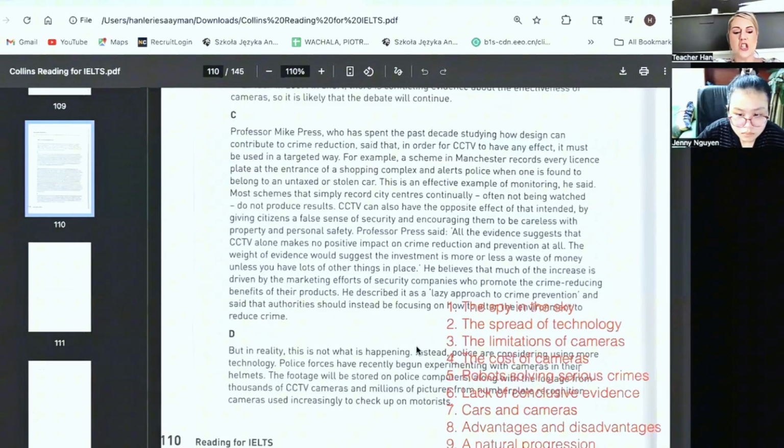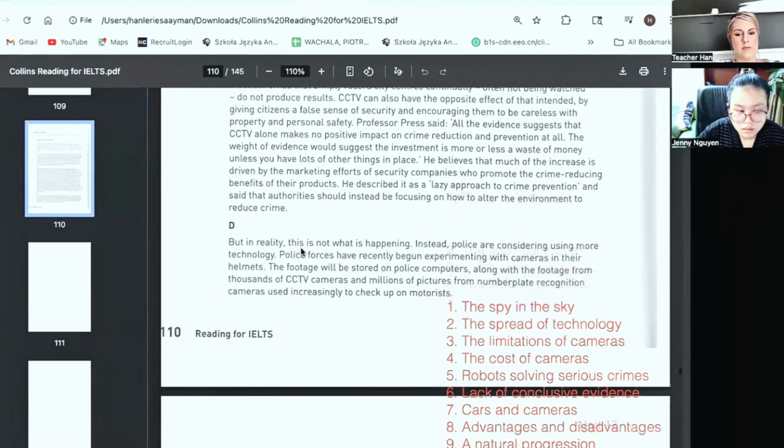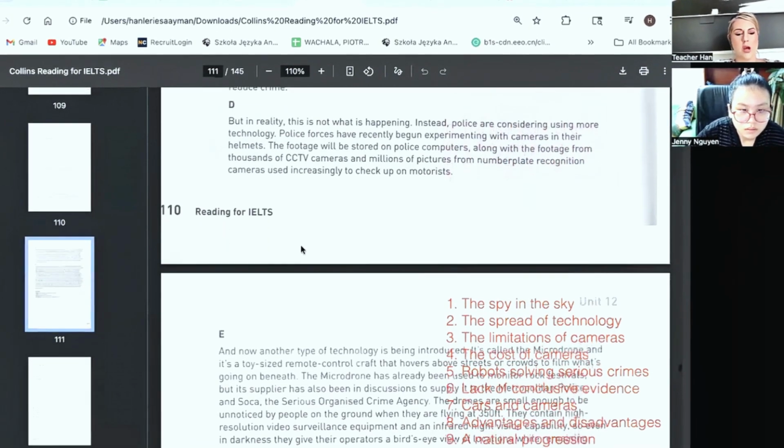The limitations of cameras, yes, because they are limited to doing only certain things. Okay? And then let's have a look at D. Okay, there we go. So which one would you say is D?